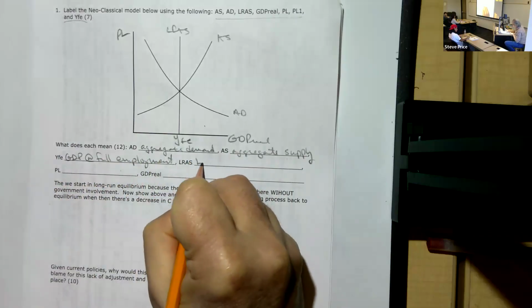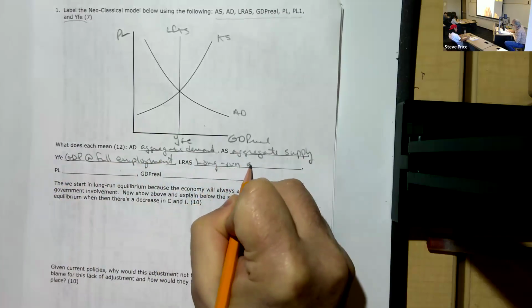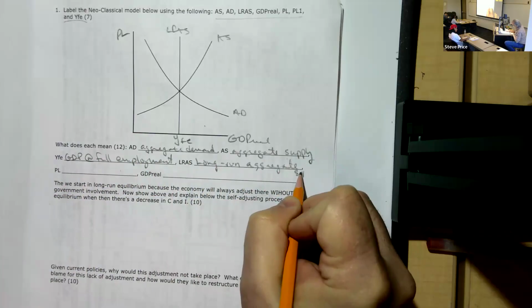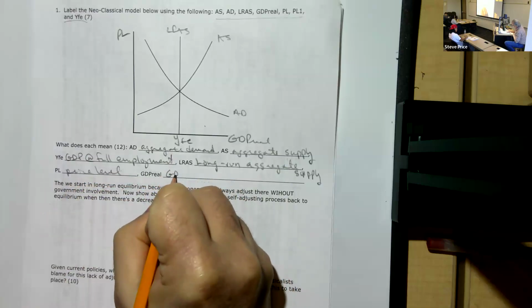Aggregate supply, all the supply in our economy. GDP, full employment, YFE. RAS is long run aggregate supply. Level and GDP adjusted for inflation.